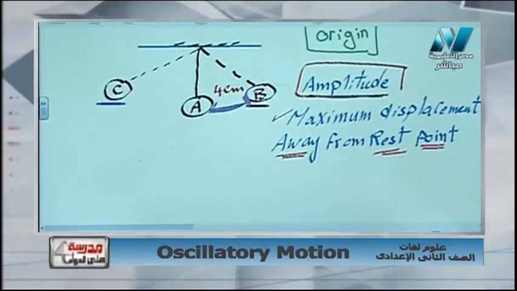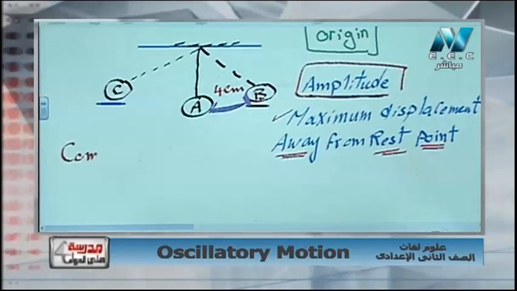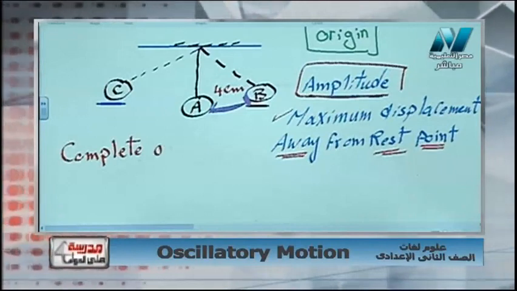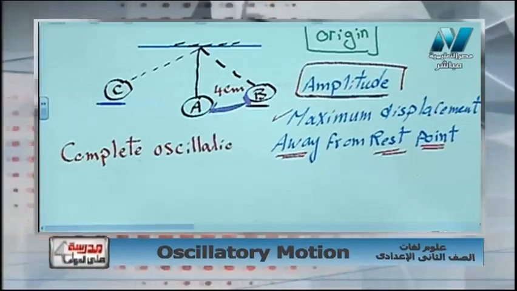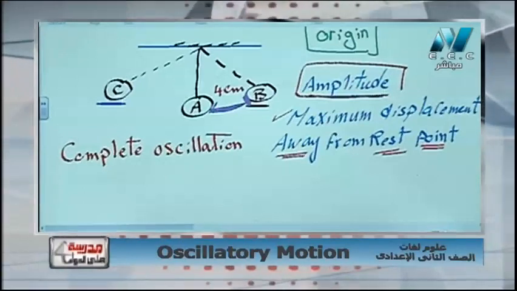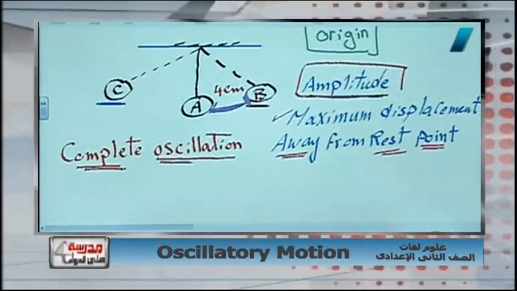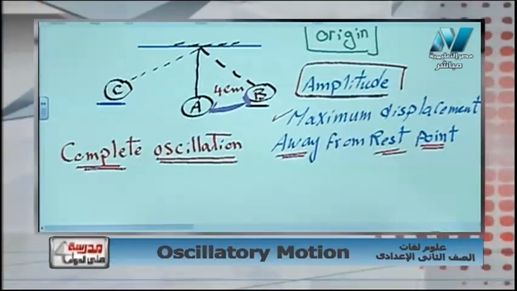We have something called complete oscillation, and this is very important. One complete oscillation is needed to calculate the number of oscillations during the motion of the object.